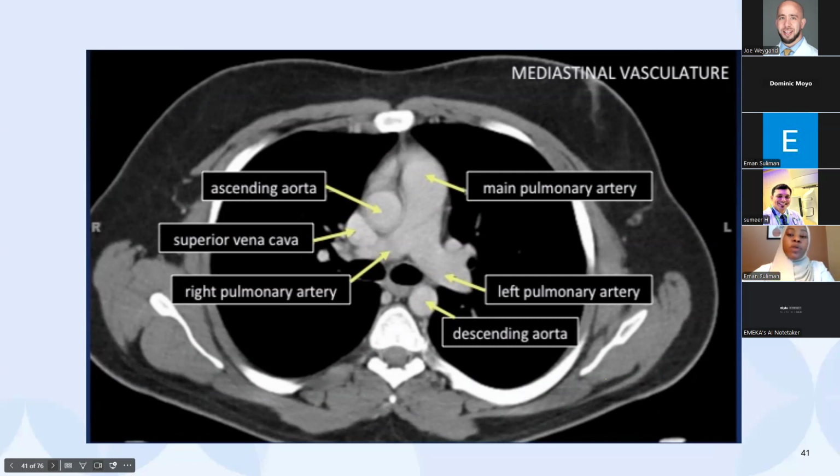Now we're moving down. The heart starts to show. Here we have the ascending aorta, and this is the descending aorta, and the aortic arch at this level is not shown. Here are the lungs, the left lung and the right lung, shown in black.